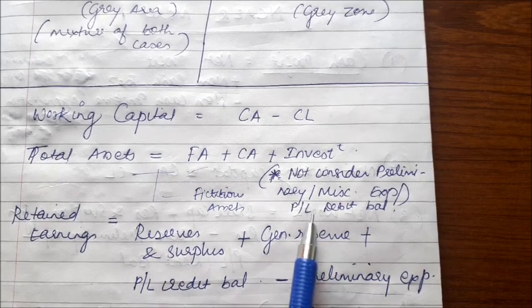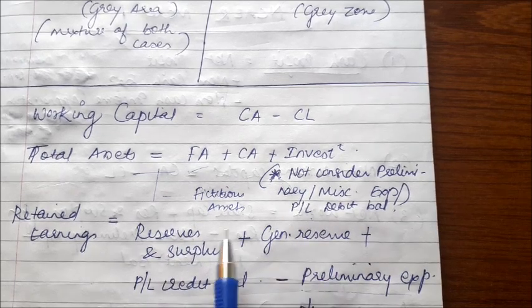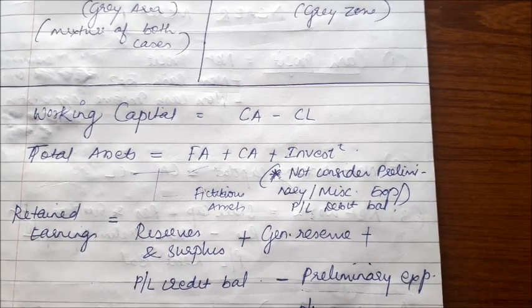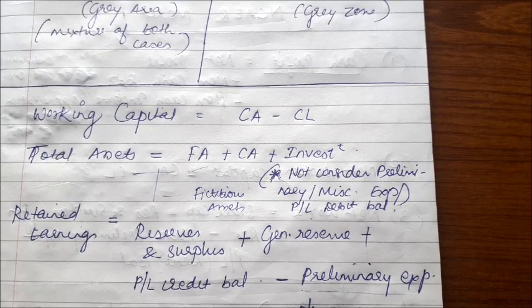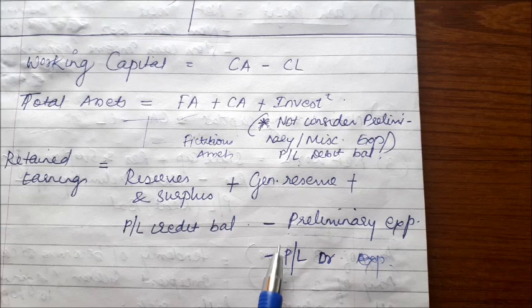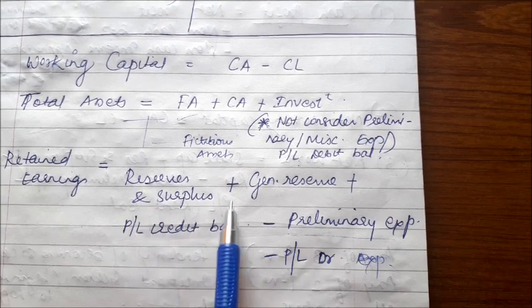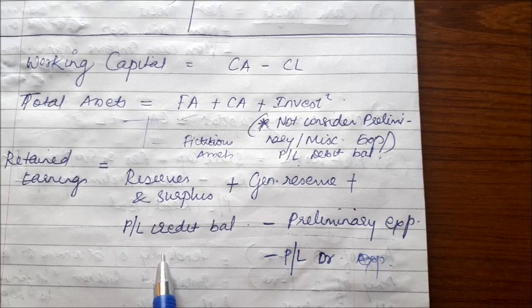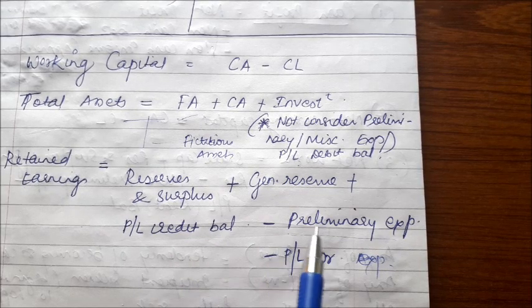So this is, in fact, a prepaid expense. This could not be considered as an asset. As per Companies Act Schedule 3, in the format of the balance sheet, it's not shown on the asset side; rather it's deducted from the retained earnings: reserves and surplus, general reserve, plus P&L credit balance, minus preliminary expenses.